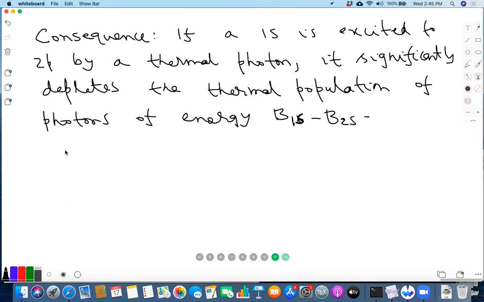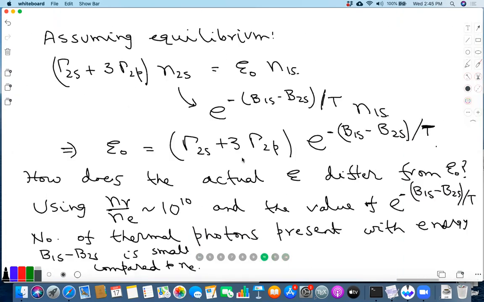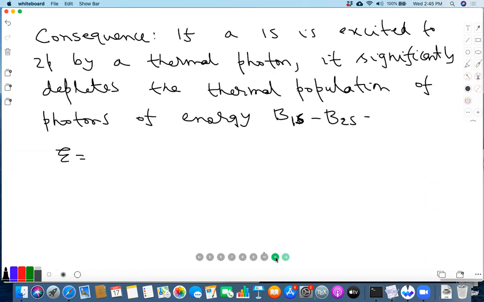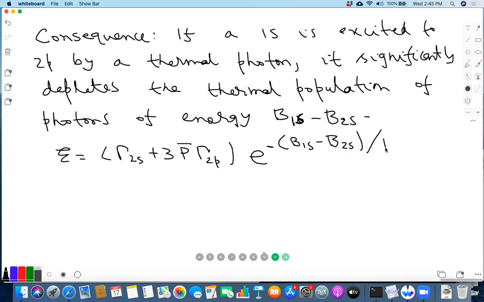So we'll now write down the formula for E. Let me remind you the formula for E0. This was the formula for E0. So E will be given by gamma 2s plus 3 p bar gamma 2p. So what is P bar?